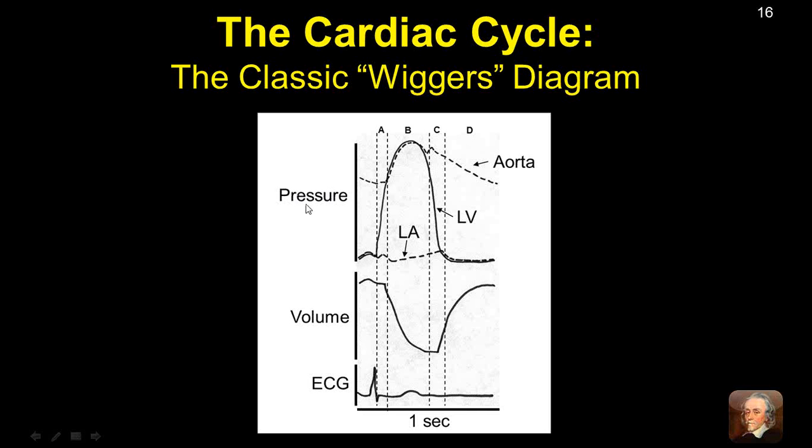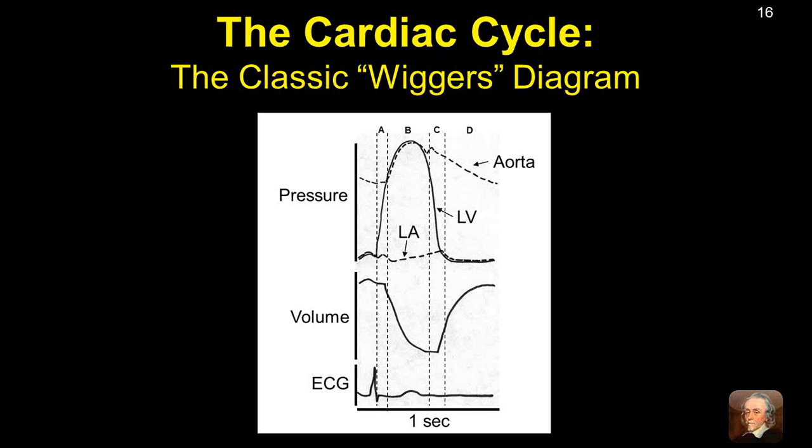So here you see on the pressure domain, you've got left ventricular pressure, aortic pressure, and left atrial pressure, and in the middle panel you've got the ventricular volume, and at the bottom you've got the electrical events, the electrocardiogram. And this just lays out the events that occur during the typical cardiac cycle in the time domain.